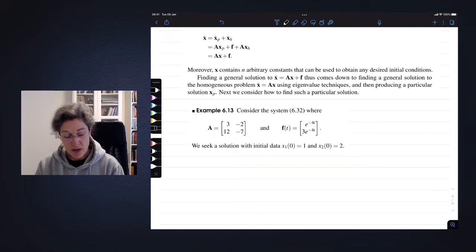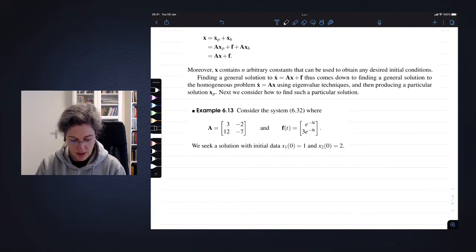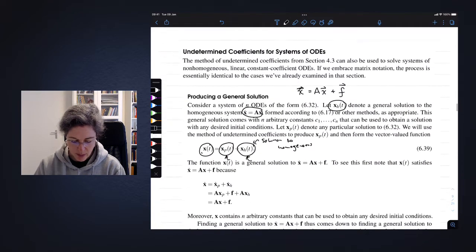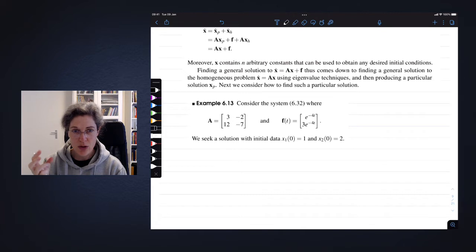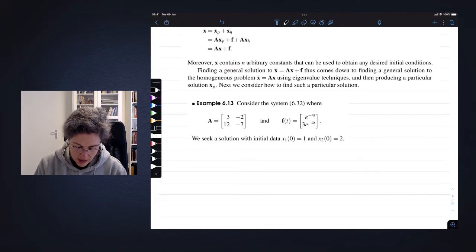So how might we do this? Well, as is no surprise given the heading up here, we use undetermined coefficients again. So remember, this was where we said, we think that the particular solution is going to look kind of like the forcing term. So let's have a look at an example. We've got our system where our A is 3, minus 2, 12, minus 7.